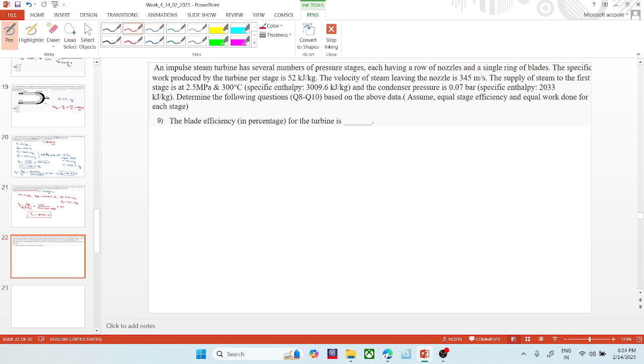So the problem is saying that an impulse steam turbine has several pressure stages. So basically, this is a pressure compounding turbine, each having a row of nozzles and a single ring of blades. The specific work produced by the turbine per stage is 52 kilojoule per kg.